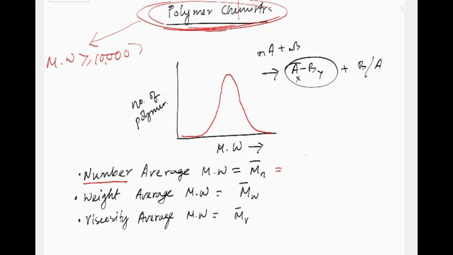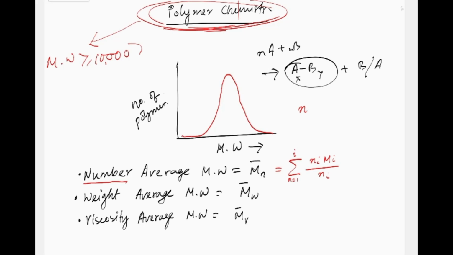To determine Mn, we need to do the summation over i of Ni Mi divided by the summation of Ni.